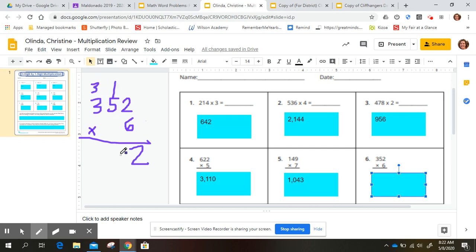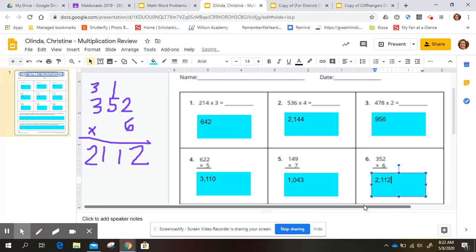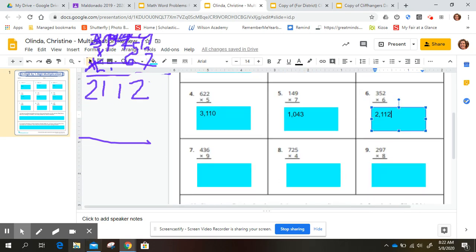That's 31. 6 times 3 is 18, and then I need to add 3 more, so you count on. 18, 19, 20, 21. Make sure we're writing the numbers correctly, and my answer would be 2,112. All right, let's erase this.